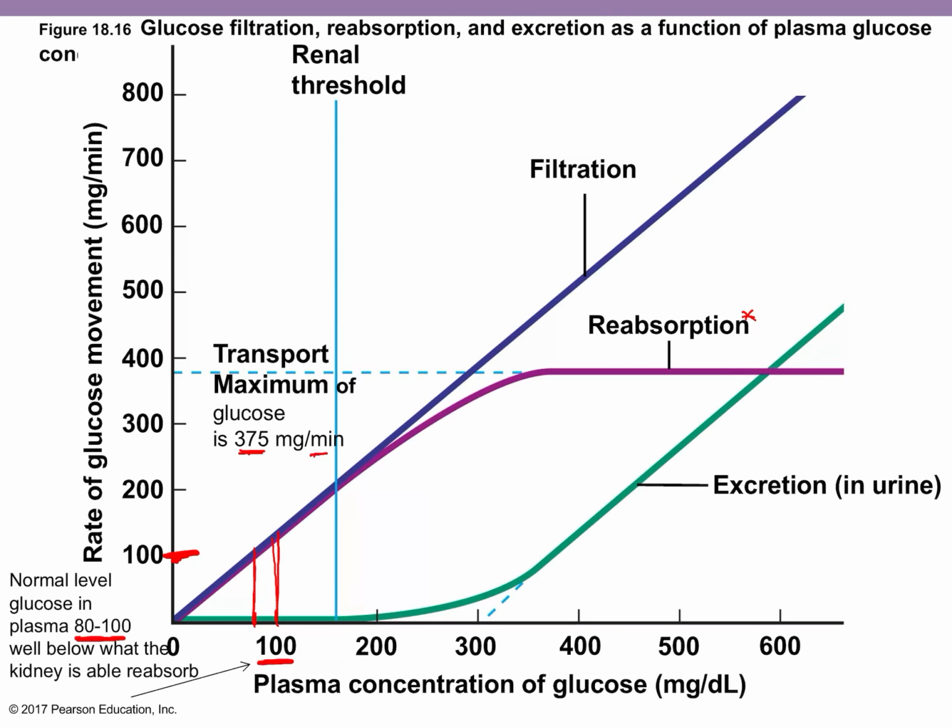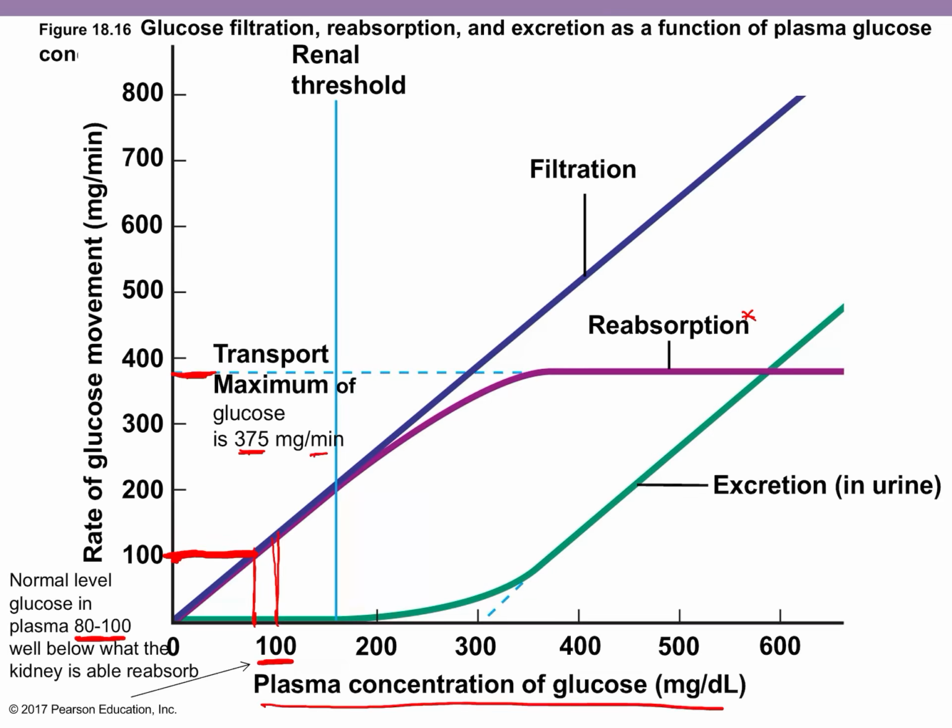We can see that at normal levels of blood glucose in our plasma, we can, no problem, we are way below transport maximum here. So we can clear that glucose, we can move all the glucose from the filtrate back into our bloodstream. No problem.